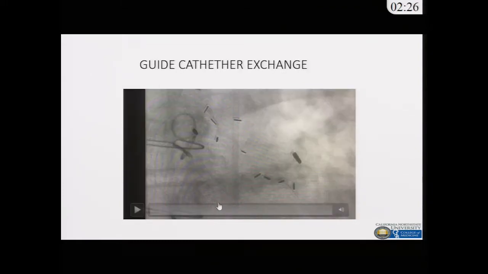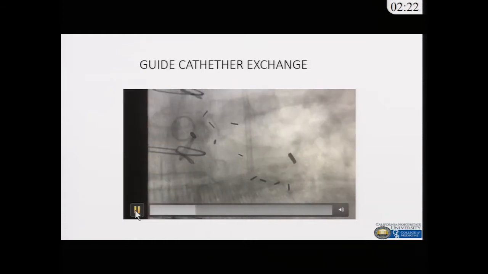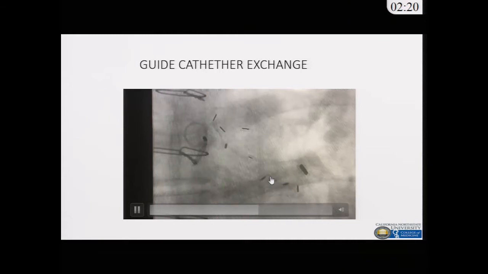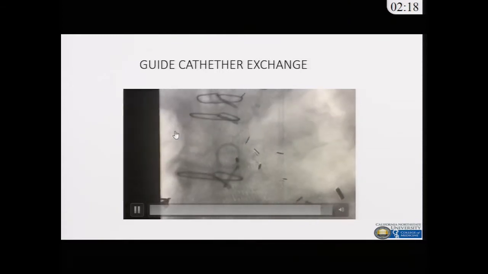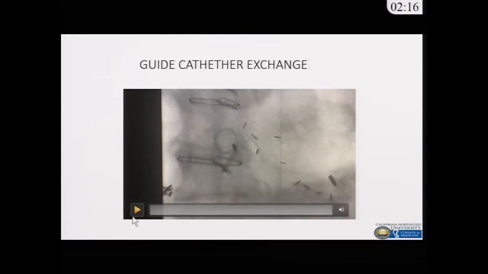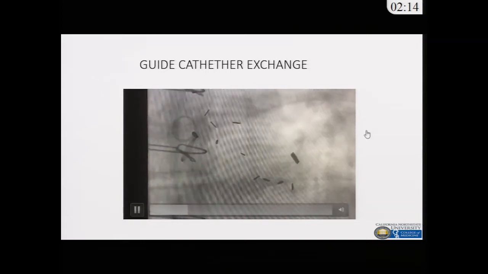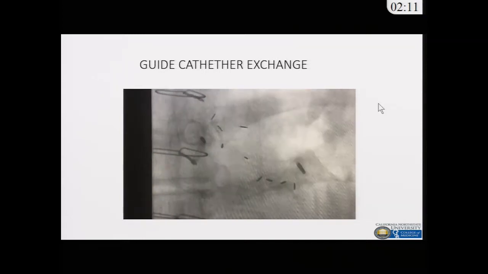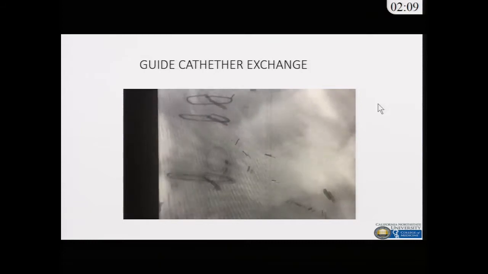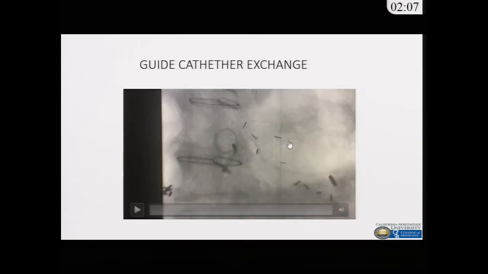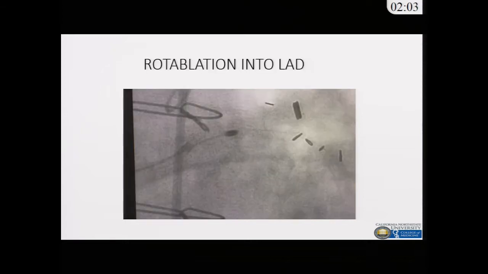And on this one, you say, what am I showing you here? Well, what you're going to see is the guide coming down. It doesn't show very well, but I talked about using the wire and the guide to bias the burr into the lesion. So with the long wires, it's very easy to exchange for a different type of guide.